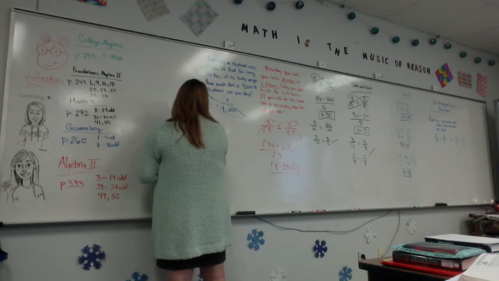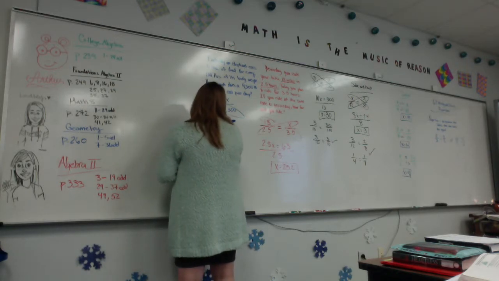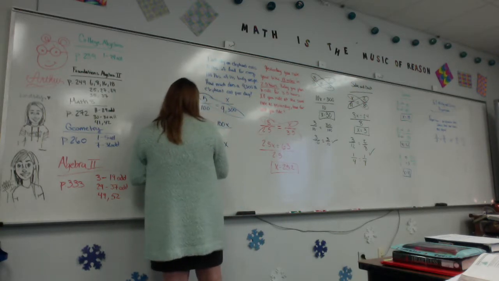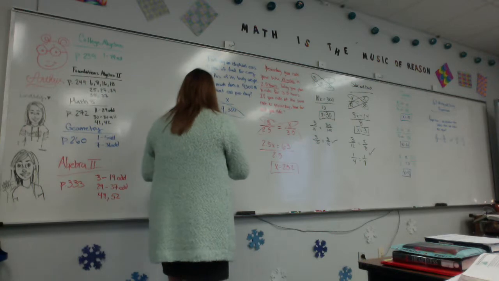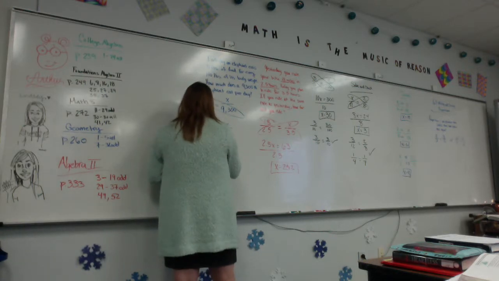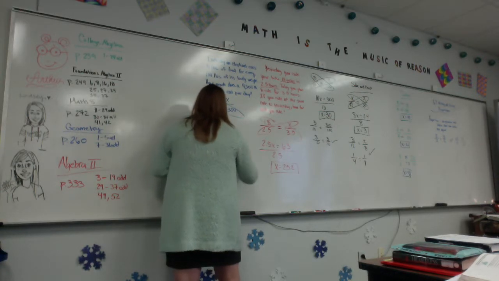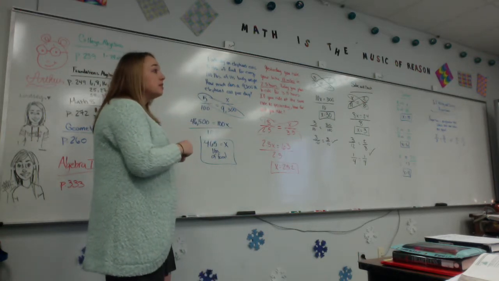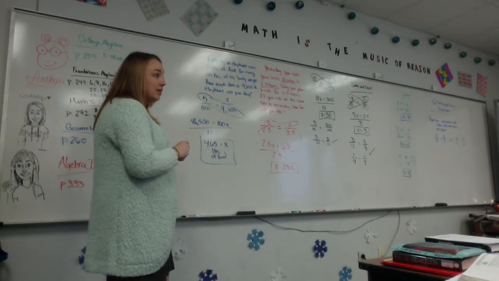Okay, so 46,500 equals 100x. Divide by 100, what does x equal? 465 pounds of food. So an elephant that weighs 9,300 pounds eats 465 pounds of food a day.